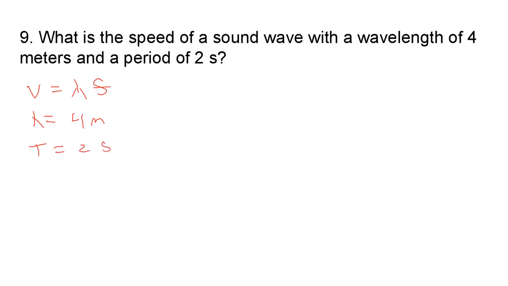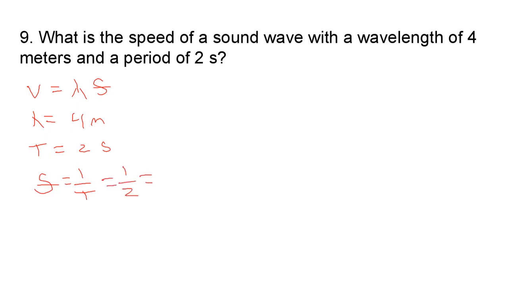Well, I know the frequency from my equations from last time. Frequency is given by 1 over the period. And that's a really bad F, I apologize. Anyway, so frequency is 1 over period.